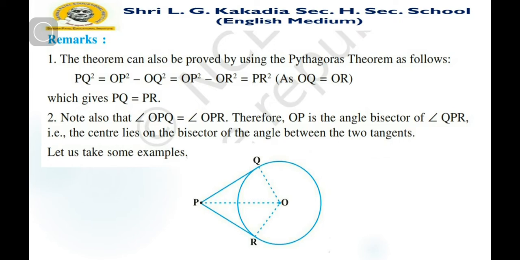So we remember that OPQ and OPR are equal, because OP is a bisector of angle QPR. So using all these properties, let us also prove some examples.